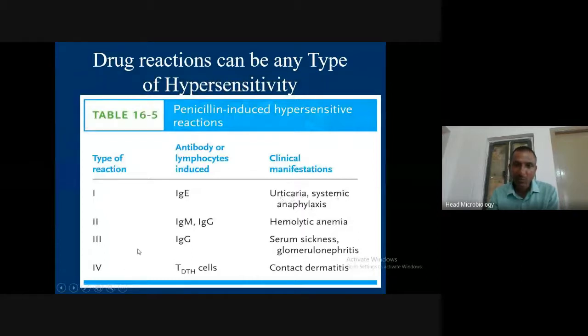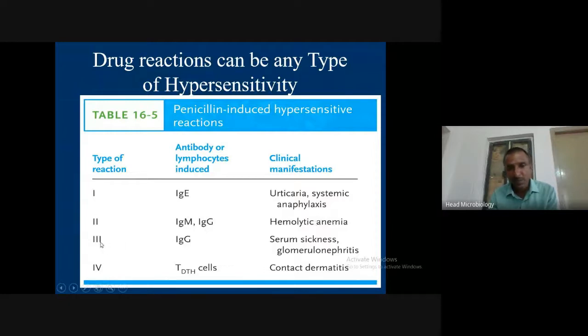Type 2 hypersensitivity reactions are induced with immunoglobulin M and G. Hemolytic anemia: if IgM or IgG is affected by a foreign particle, there may be chances of hemolytic anemia.